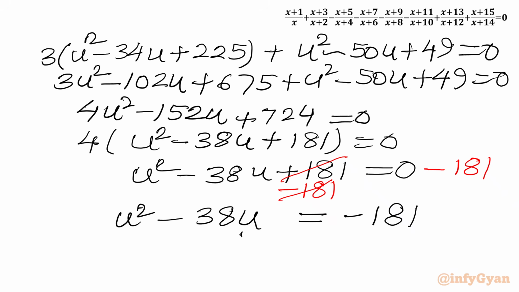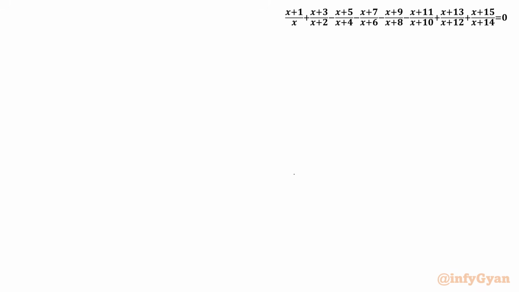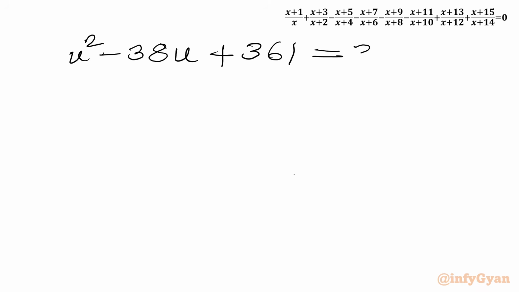Now the coefficient of u is minus 38. Half of minus 38 is minus 19. Square of minus 19 is 361, which we will add to both sides of the equation. So I will write here u square minus 38u plus 361 will be equal to 361 minus 181.